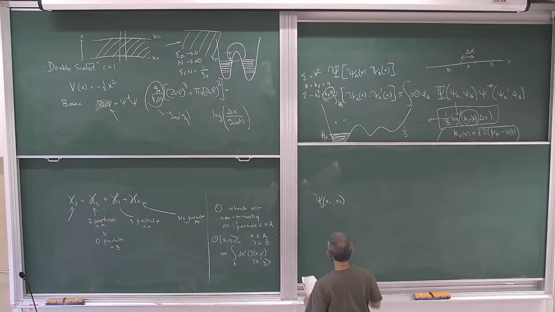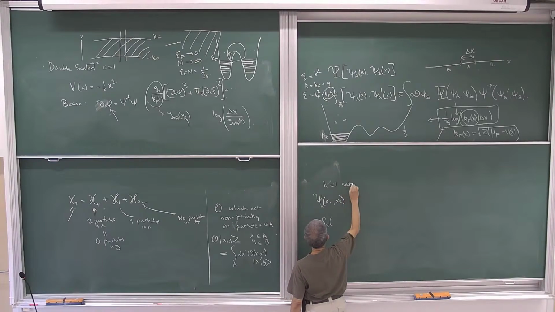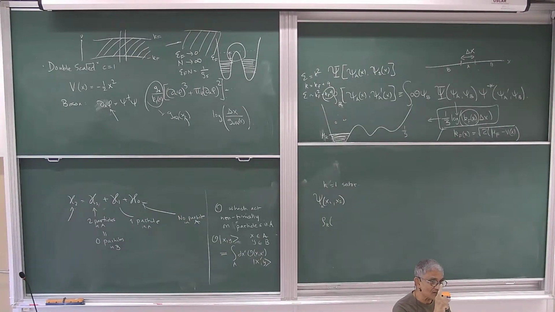You can easily see that this is a density matrix. So this is in the sector which I'll call K equal to 1 sector. So K equal to 1 sector means that one of the particles is in A, the other particle is in the complement. This is an operator which lives in the 1 particle Hilbert space, not in the 2 particle Hilbert space.